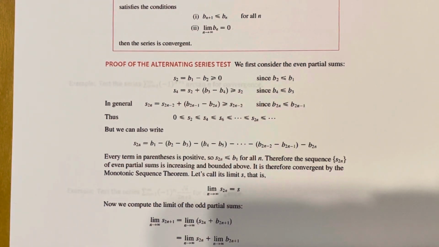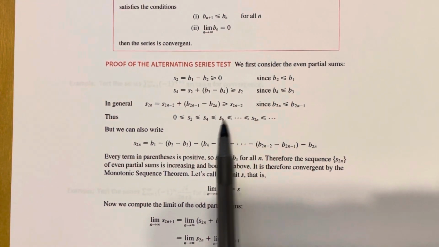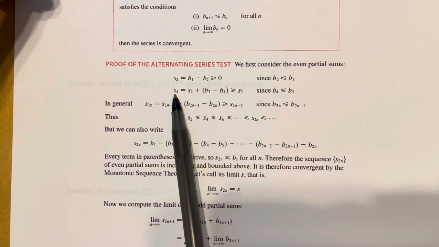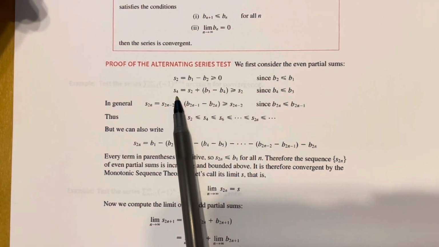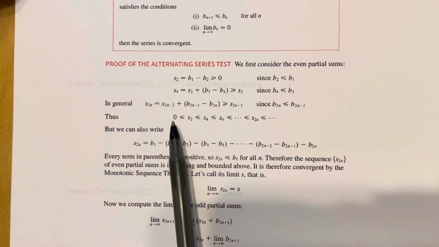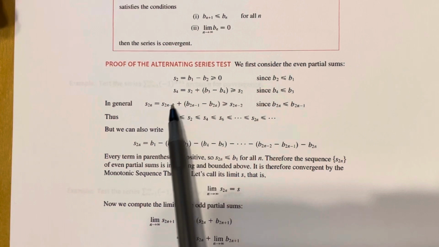which means S2 plus that would be greater than or equal to S2. I can continue on in this fashion, going to each new even partial sum, and what I'm going to see is that each even partial sum is greater than or equal to the one that came before it. So S6 will be greater than or equal to S4, S8 will be greater than or equal to S6, and so on.